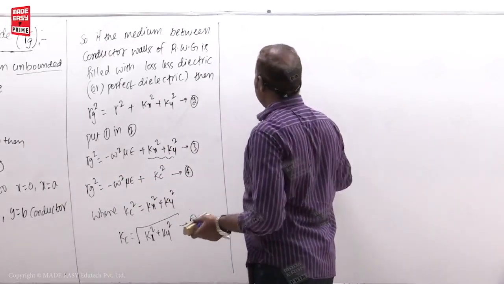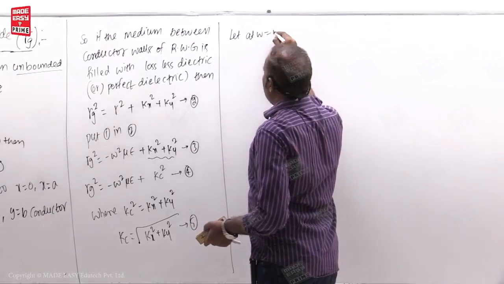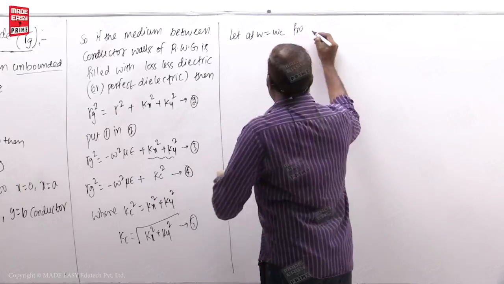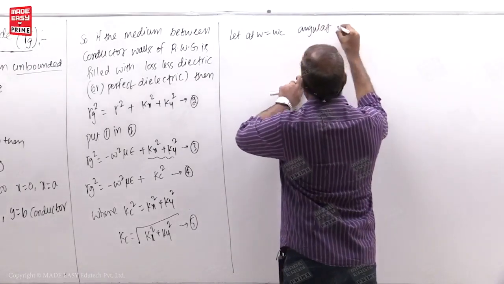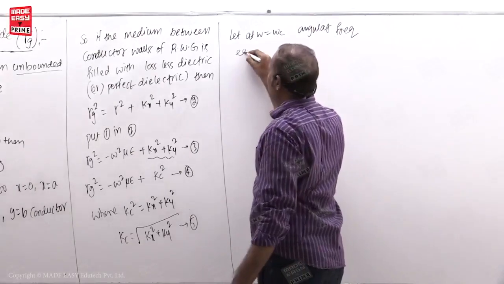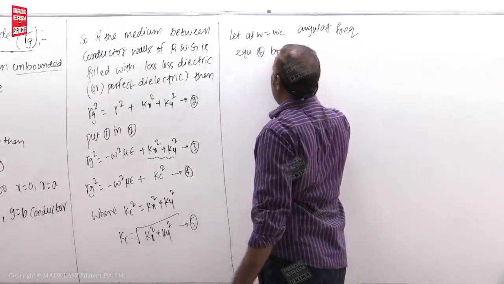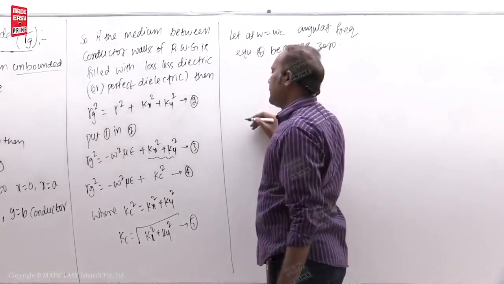So I am writing this: let at omega is equal to omega c, this is angular frequency, equation 4 becomes 0.